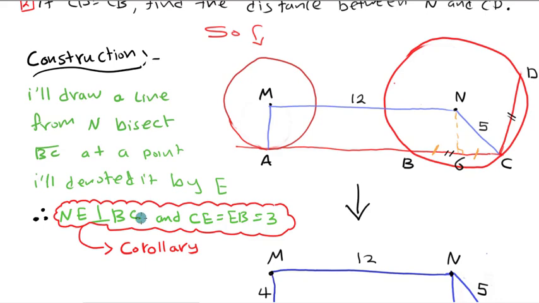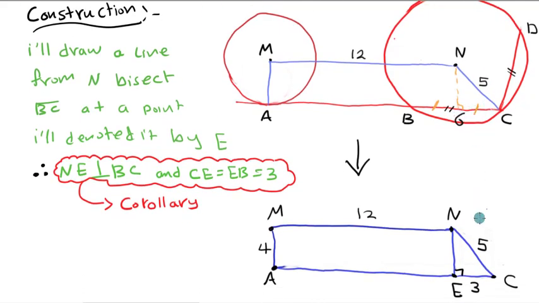From the previous lessons we studied that if a line segment passes through the center and bisects a chord, it will be perpendicular to that chord. So the angle NEC will be 90, a right angle. To make it easy, I will draw the figure MNCA outside this figure.